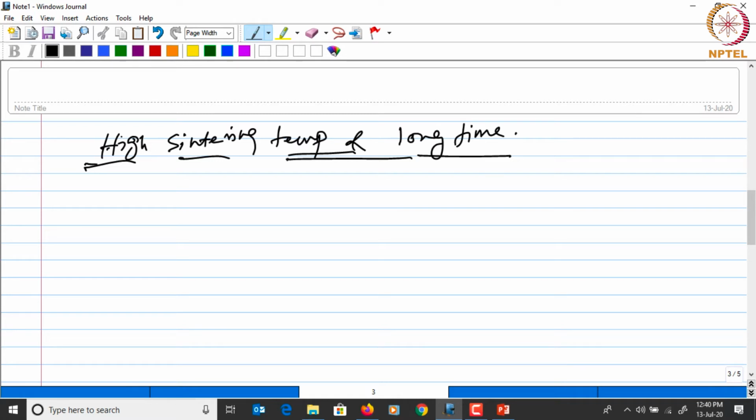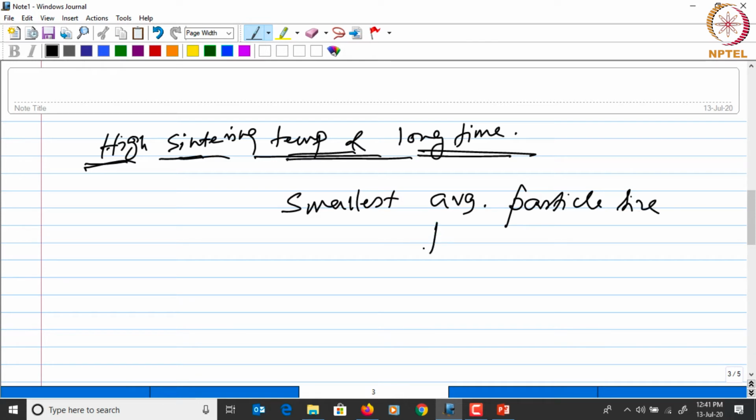Densification in these conditions will be better when you have the smallest average particle size. So here the proportion of the smaller particles will play a dominant role, and this can also be demonstrated with the help of a plot like this.